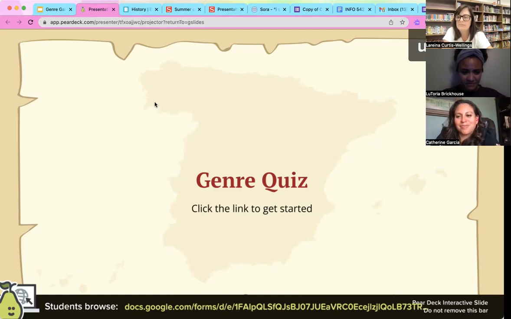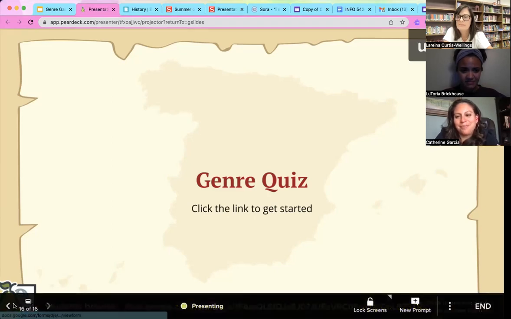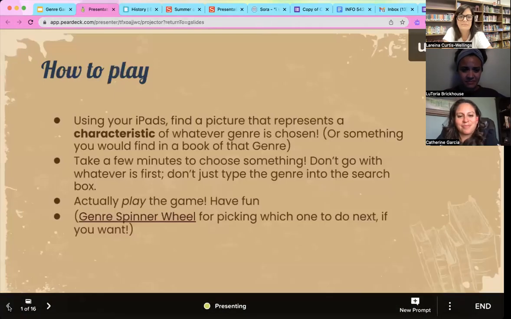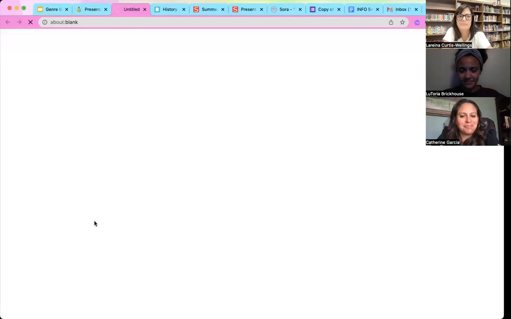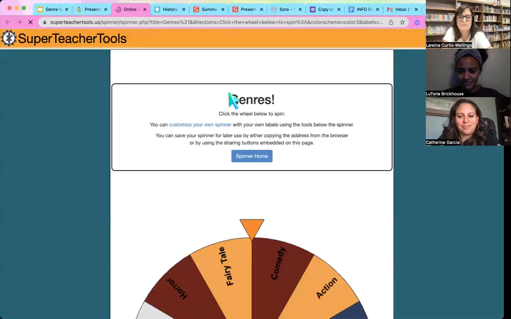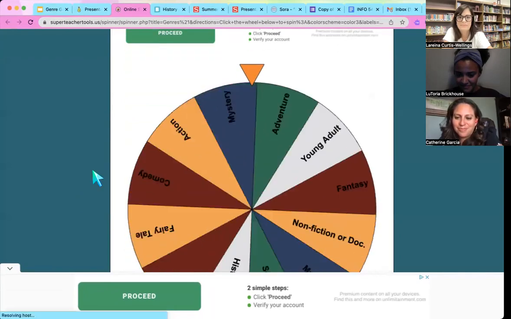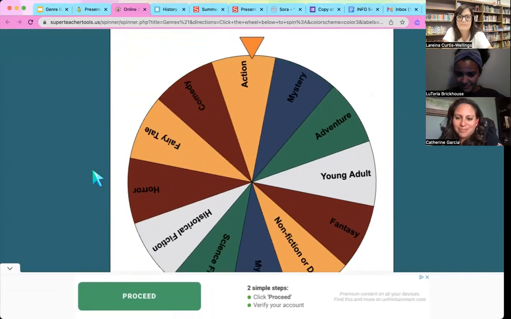And then the second idea would be at the beginning of this presentation, I'd have them click on that wheel to figure out what genre they should read next. It's really simple. All they have to do is click. And then it would say, you need to read an action book. And then I'd send them on their merry way to go find an action book and check it out.